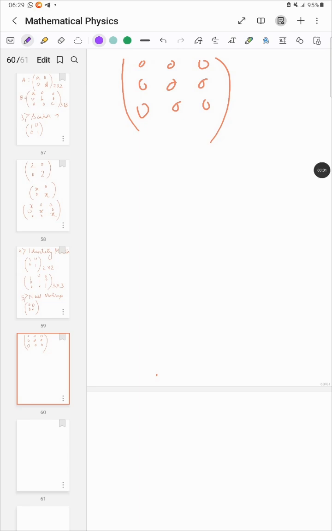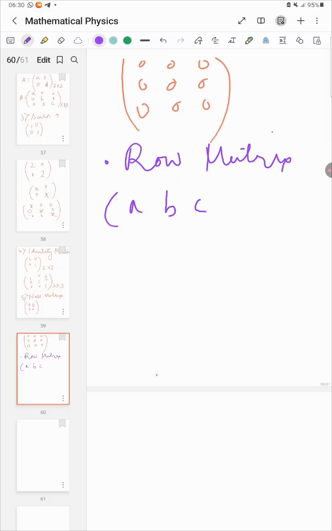Now we will basically talk about row matrix. So what is a row matrix? It is basically a matrix having only one row. So it can be A, B, C and so on, but just one row.